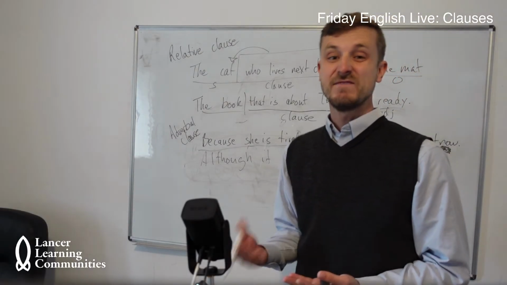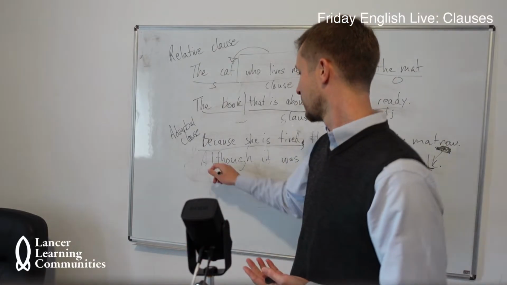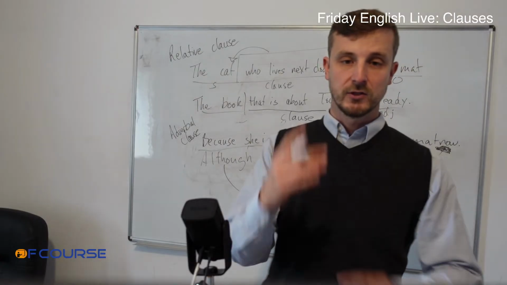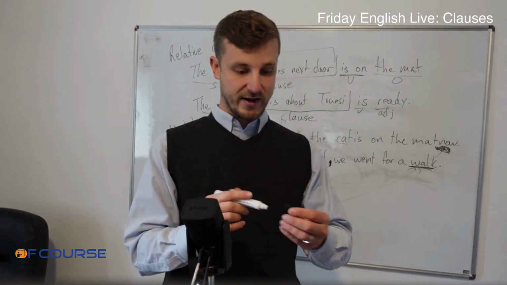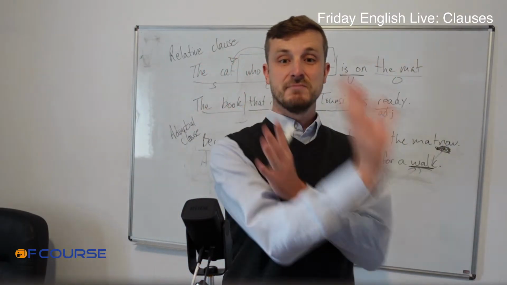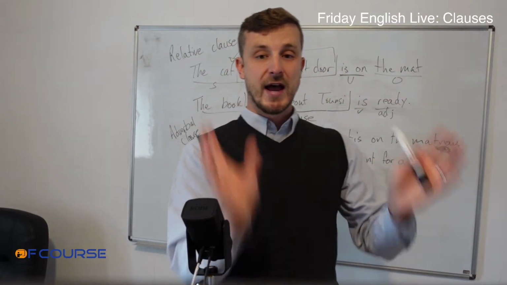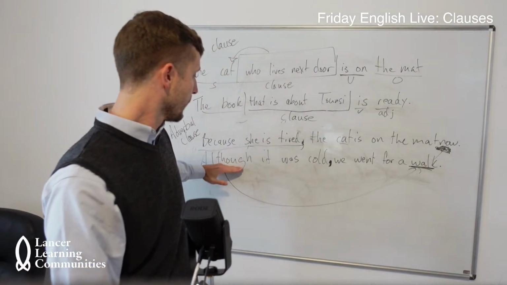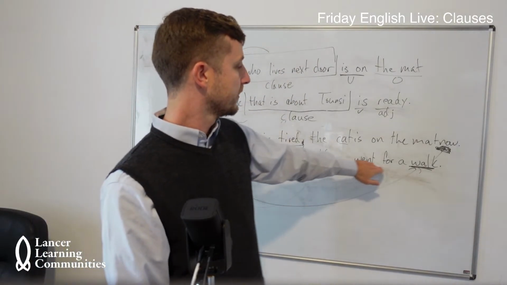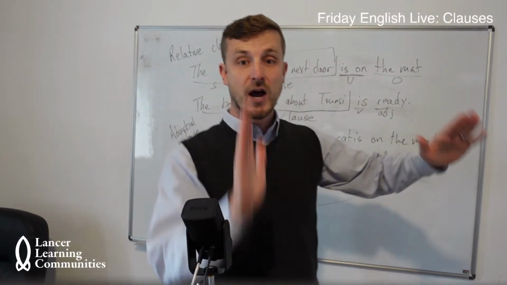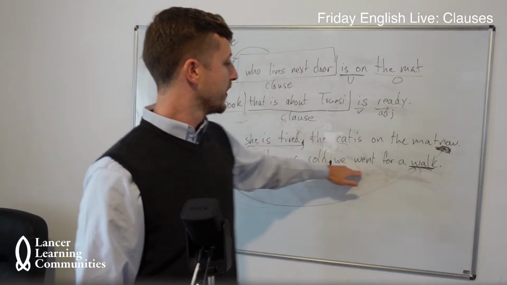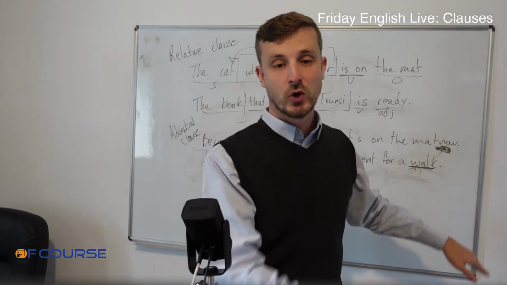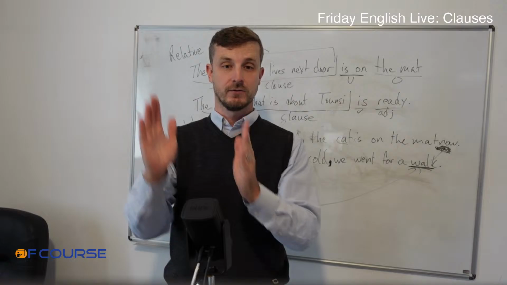We went for a walk even though it was cold. So although it was cold goes with this, and it can go the other way around. So we can do this two ways. Fun part about English, right? With these clauses, we can mix and match them all around the different phrases. Although it was cold, we went for a walk. And then the other way around, we went for a walk although it was cold. So it can go both ways, right?